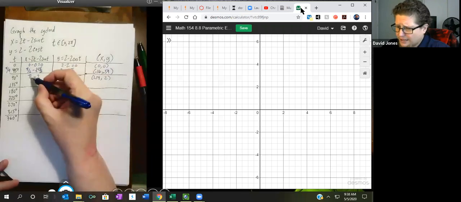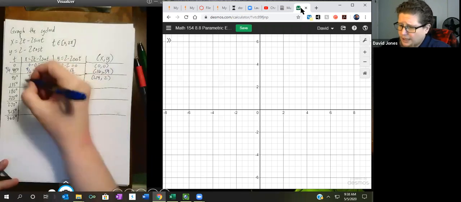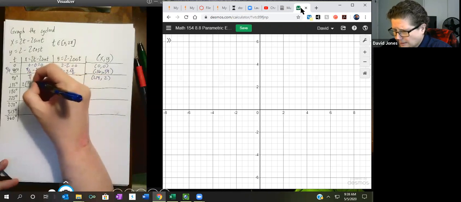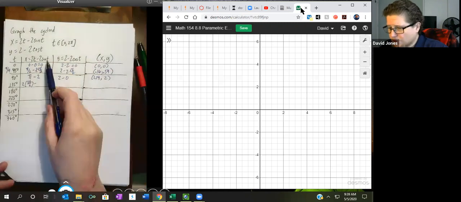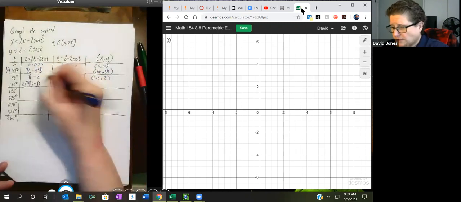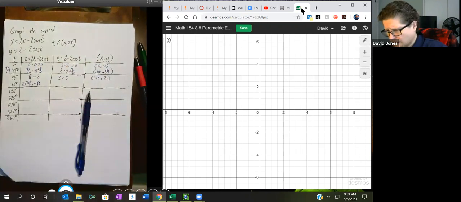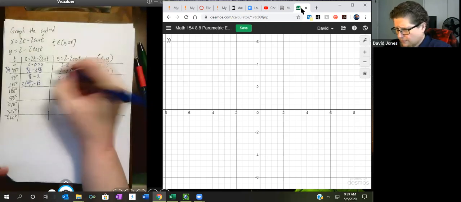The x value for this is 2 times 3 pi over 4, minus, doing the sine version, it's still root 2. So I've got 3 times pi divided by 2 minus the square root of 2 equals 3.30.